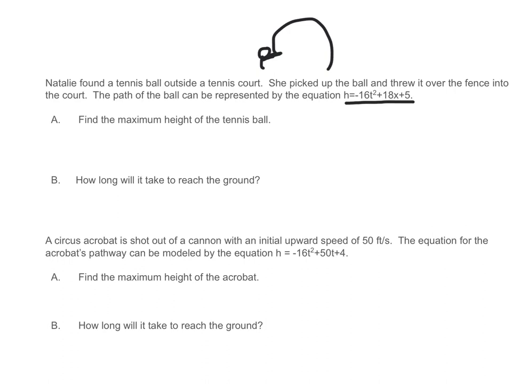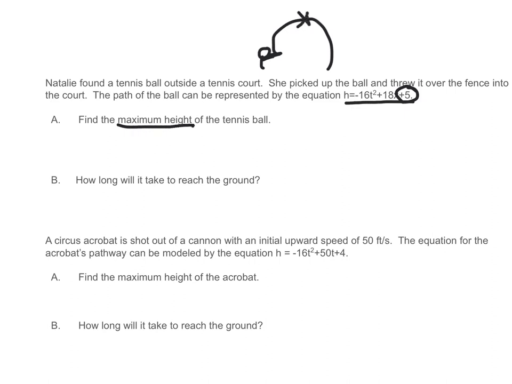How tall do you think that is? Well, if you look, your y-intercept's 5, isn't it? Just to remind you that C is your y-intercept. All right, so find the maximum height.